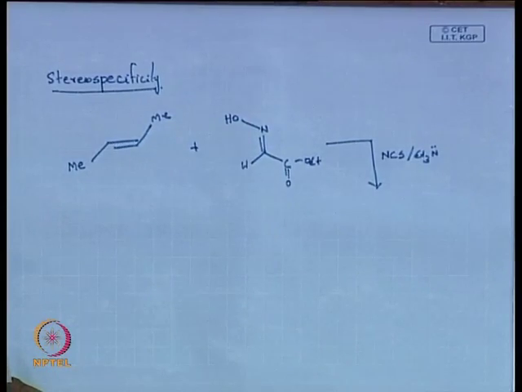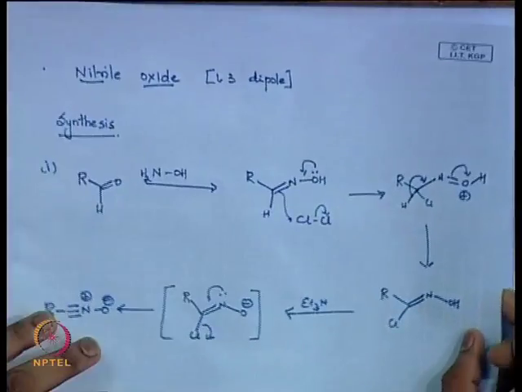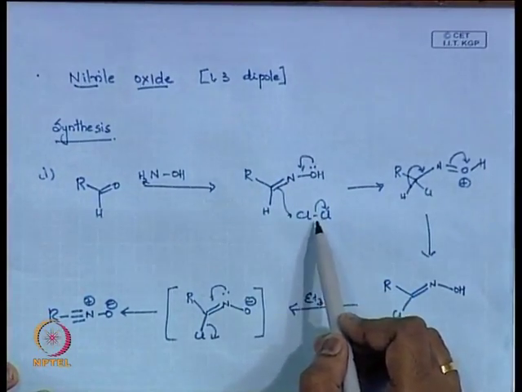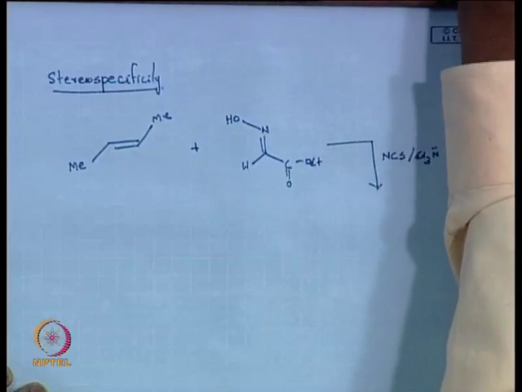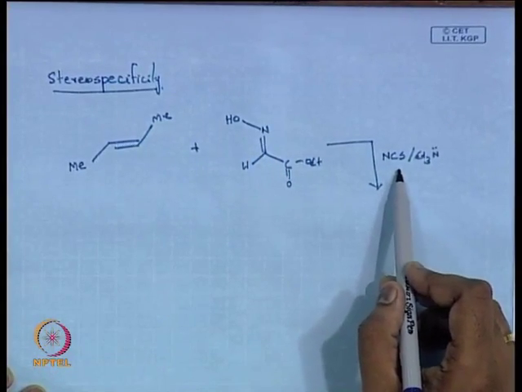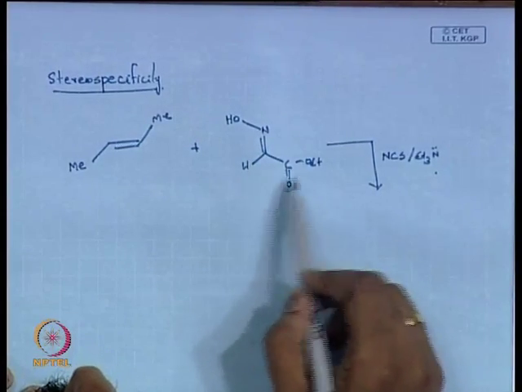Because you have studied the synthesis, right? If you see the first synthesis of your nitrile oxide, when you treat this compound with chlorine or N-chlorosuccinimide, it ends up with your nitrile oxide. Same way, this is similar, right. Now, I am treating with N-chlorosuccinimide in presence of amine. So, I will end up with my nitrile oxide.